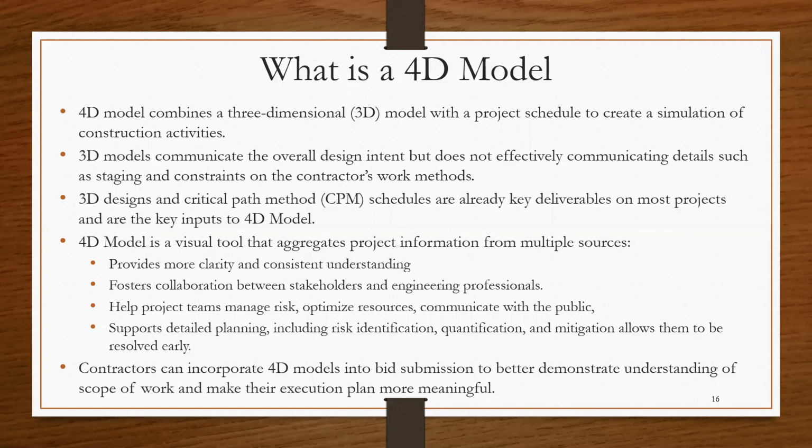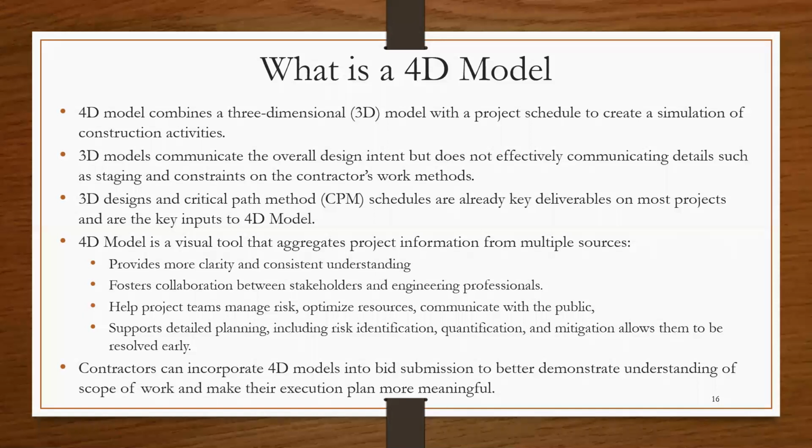A 4D model is a visual tool that aggregates a lot of project information, including, like we have said, the 3D model and engineering data, the project schedule, some cost schedule, equipment, and all that into a visual model that's a simulation of construction activities.